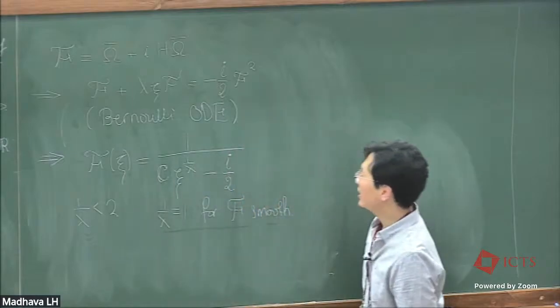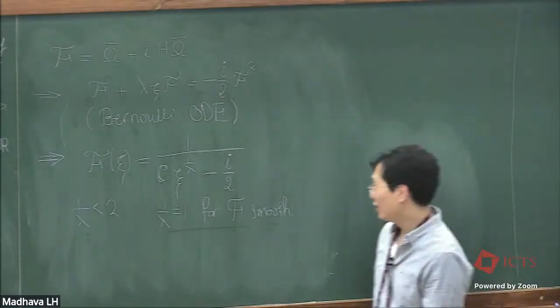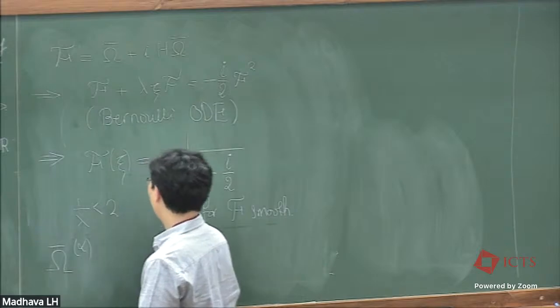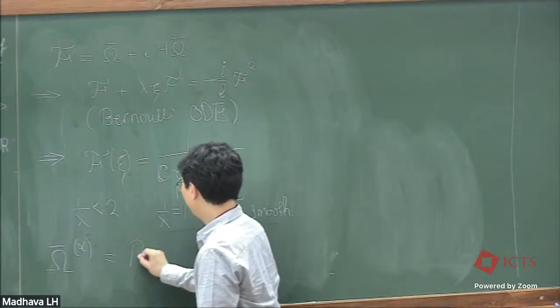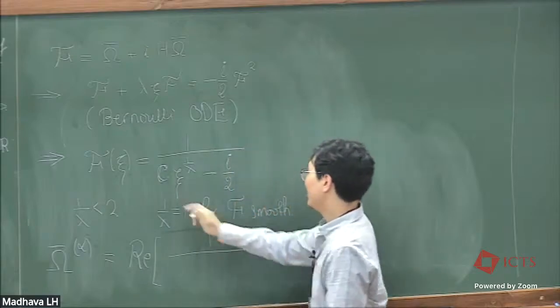The point here is that now we have C alpha profiles, which are by definition omega bar with alpha is the real part of... C is irrelevant.